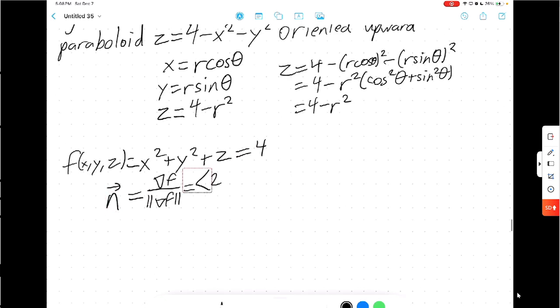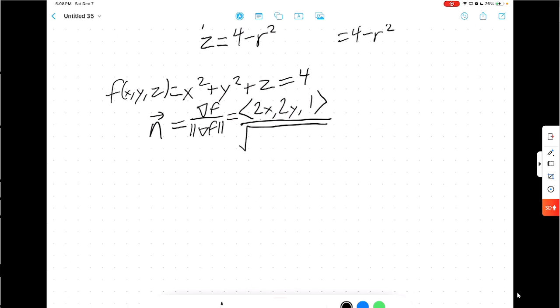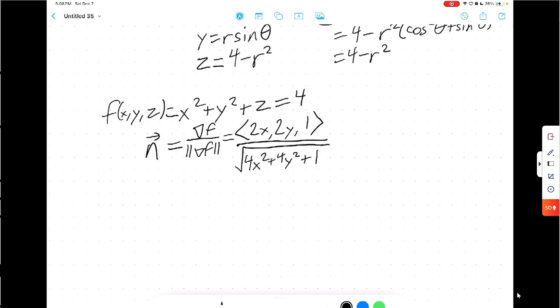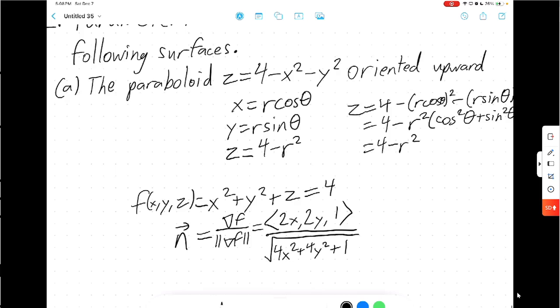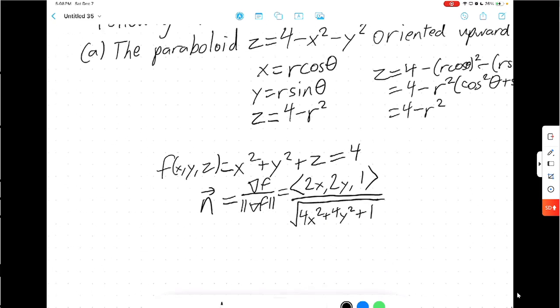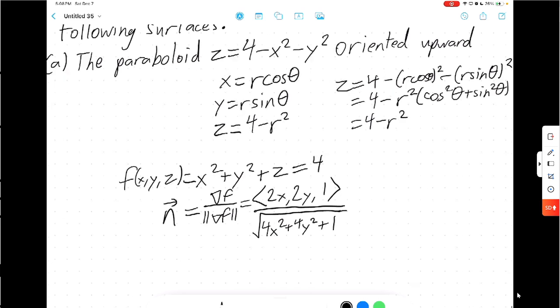So we're going to get 2x, 2y, 1 over the square root of 4x squared plus 4y squared plus 1. And that's it. That's it for A at least.